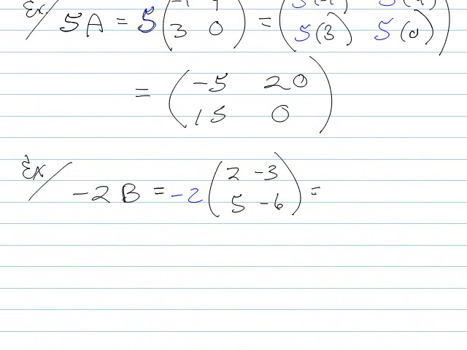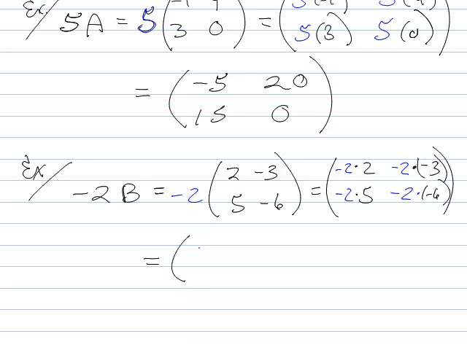So what we're going to do is take -2 times each element in the matrix: -2 times 2, -2 times -3, -2 times 5, and -2 times -6. So again, if you just want to look and say -2 times 2 is -4, -2 times -3 is +6, -2 times 5 is -10, you can do that too. I'm just showing you all the steps in hopes that it helps bring things together.